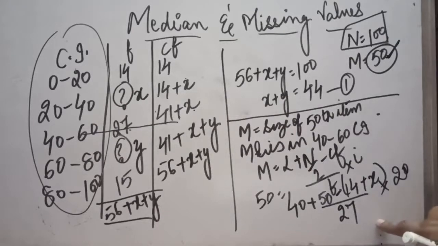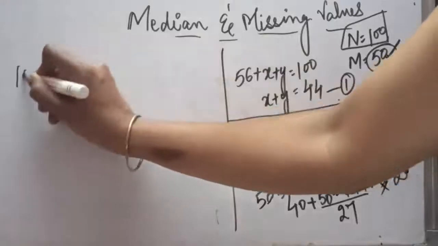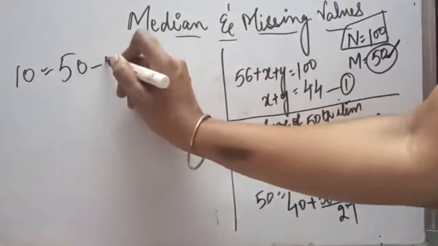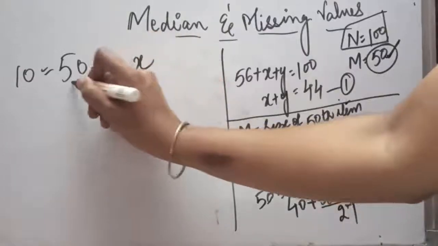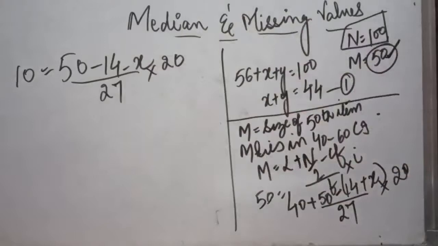From here we will get our second equation. Calculating 50 minus 40, 10 will come on the left hand side, and it will be 50 minus 14 minus x divided by 27, into 20.